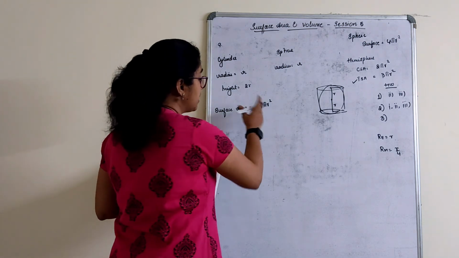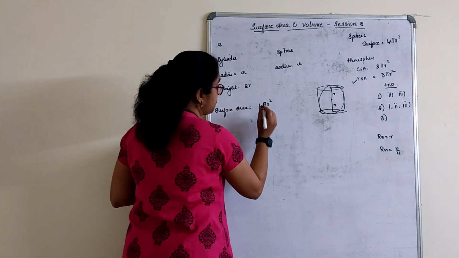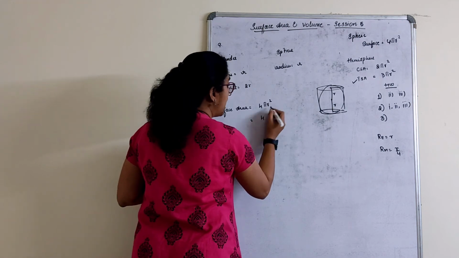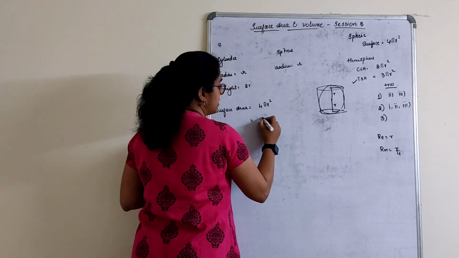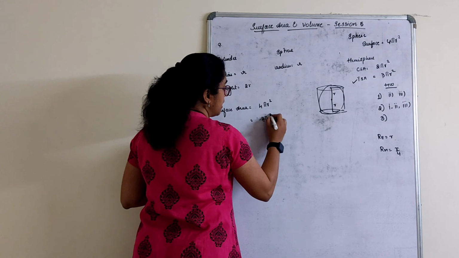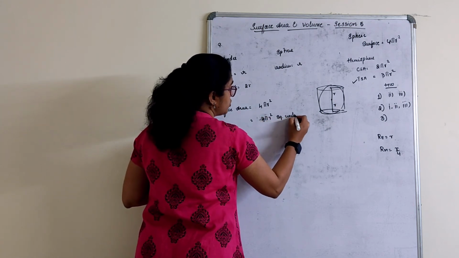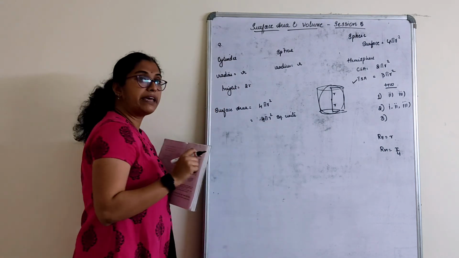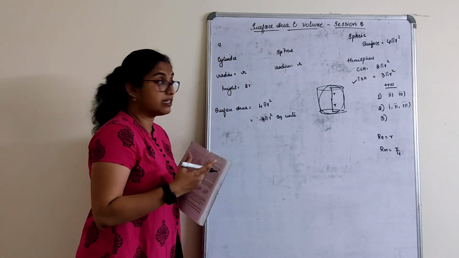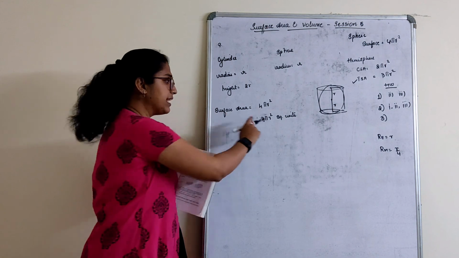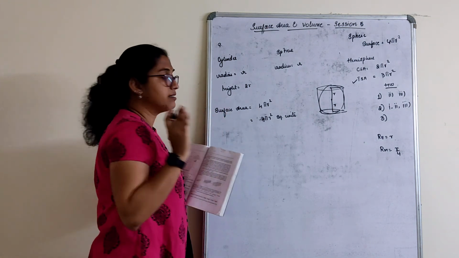So what we will do is, we will keep it in terms of this only. 4 pi r square, where r is r only. So this will remain again the same. 4 pi r square units. Understood why? I will not write pi value as 22 by 7, calculate it now, because finally I want the ratio. I'll keep this answer in terms of pi, you can consider.